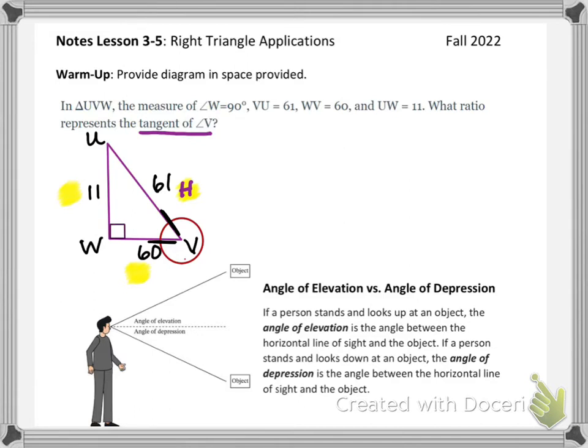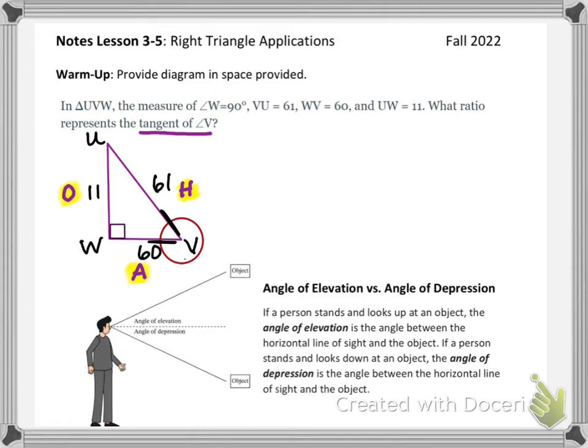So I always draw my circle there to draw attention to it so that I can automatically recognize that the side that forms the angle, other than the hypotenuse, is going to be the A. So the AH combination forms the angle where you're standing. Therefore, the only other missing side is my opposite side.